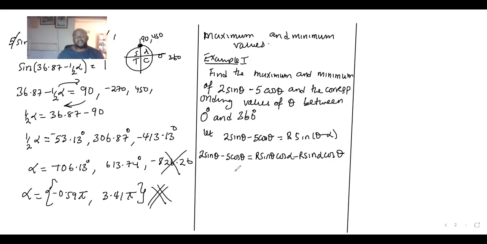I want you to compare the coefficient. I told you coefficients are the values attached to sine theta. If this is sine theta, the coefficient is whatever is attached to sine theta. Now all of this is the coefficient of sine theta. So compare for me the coefficients of sine theta on both sides and give me their relationship.